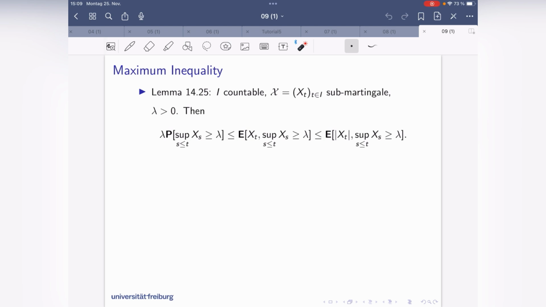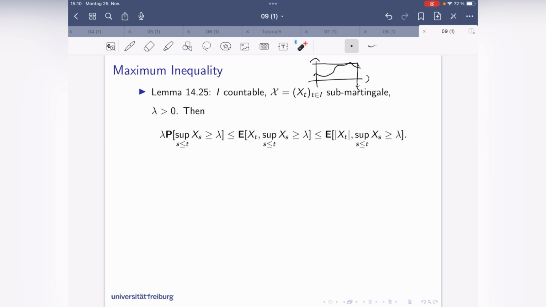The point about this maximum inequality is that we are computing something based on the supremum of X_s, which means when we have a path of this submartingale, the supremum is the highest point that you have up to some time t. So t is here, and here is this supremum.